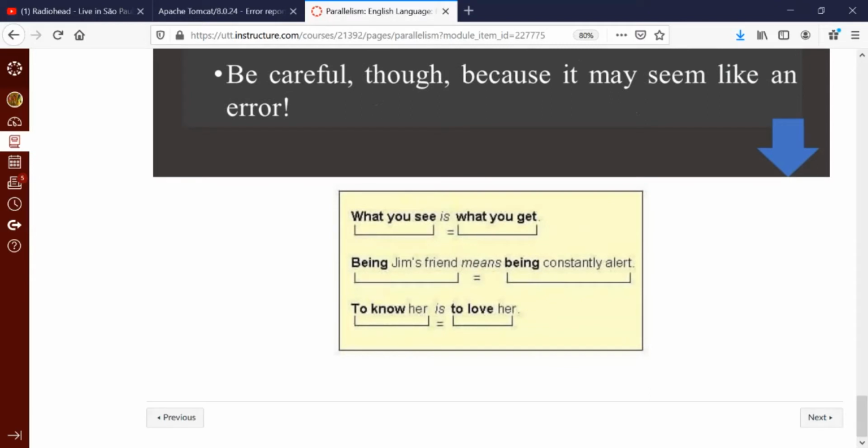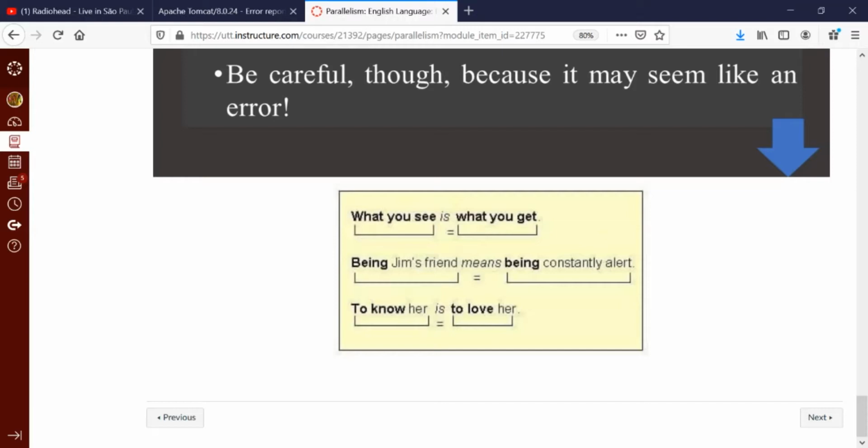So let's look at an example here. What you see is what you get. So in the first example, the phrases are structured exactly the same. We start with the relative pronoun, personal pronoun, and verb.